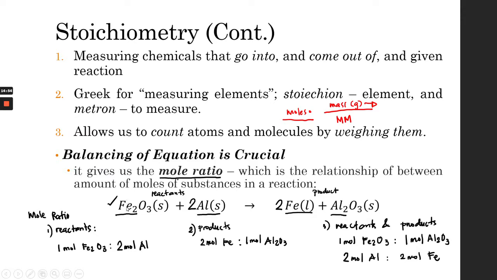So you can create a mole relationship between the Fe2O3 to Fe, to the aluminum to Al2O3. So there are different ways to relate aluminum to iron, or these two to that. Those are what we call the mole ratio, and we use them in solving stoichiometry problems.